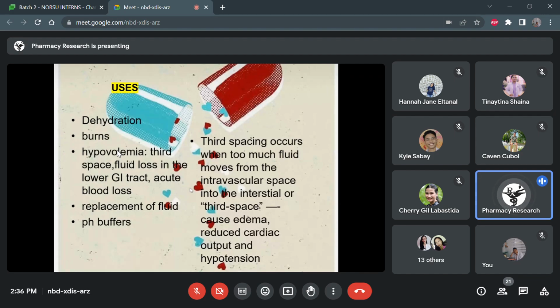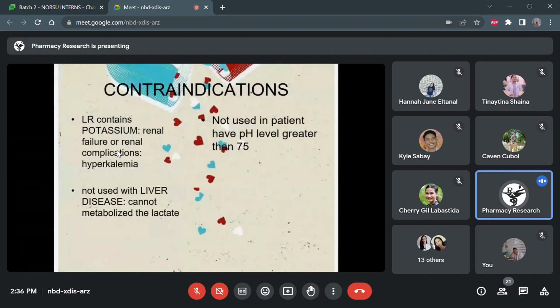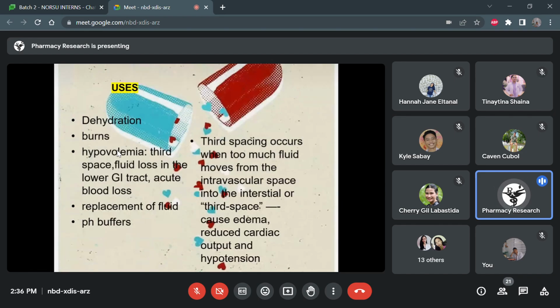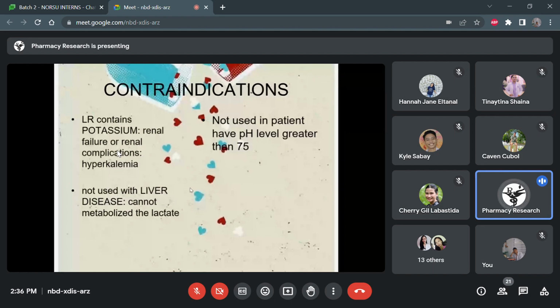So, uses for dehydration, burns, hypovolemia, replacement of fluids, pH buffers, kay since contain siya og lactate. So, contraindications. Take note, the most important sa plain LR, yung contraindications is dili siya pwede sa renal failure or renal complications since it contains potassium.